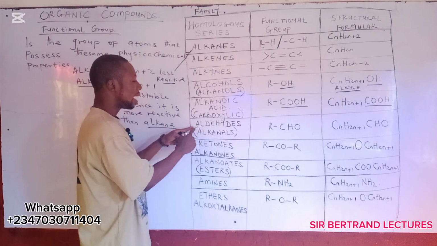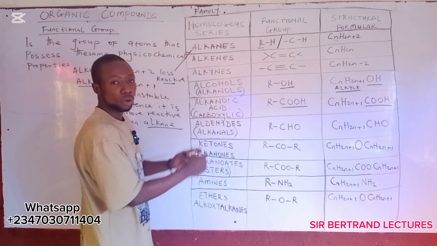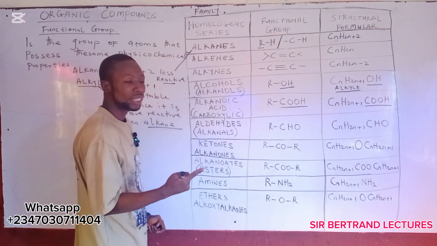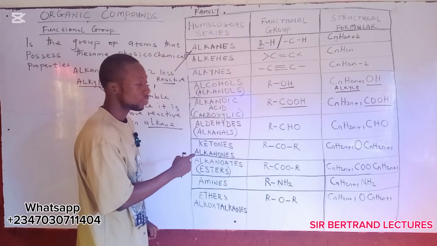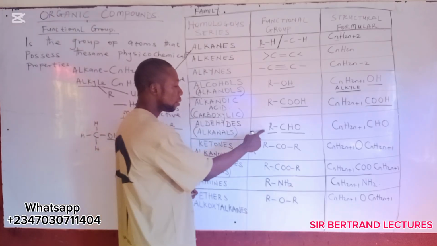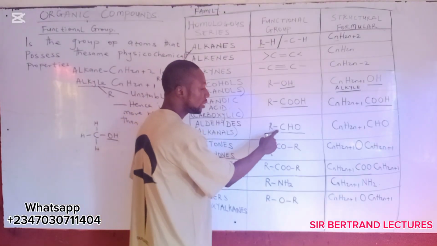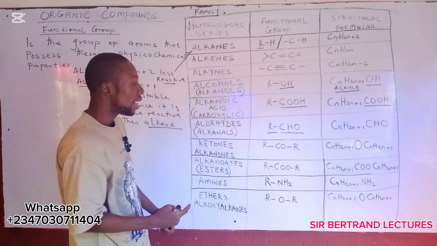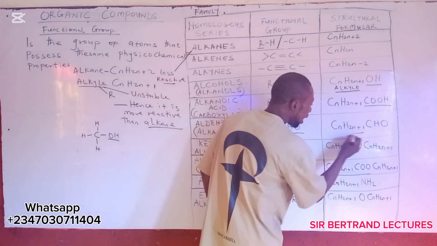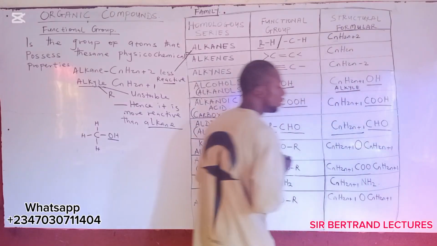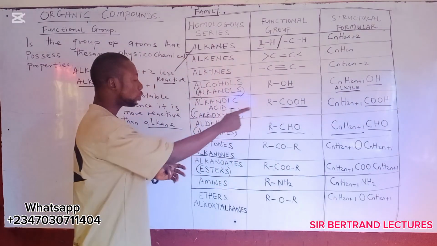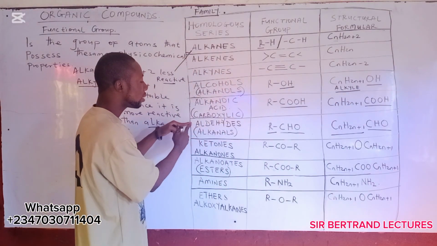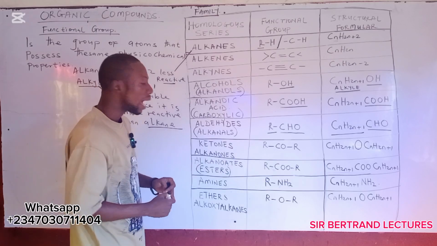Then here is aldehyde. This is the group CHO, which we can call alkanals. This is alkyl bonding with CHO. So the CHO functional group here is known as aldehyde or alkanals.